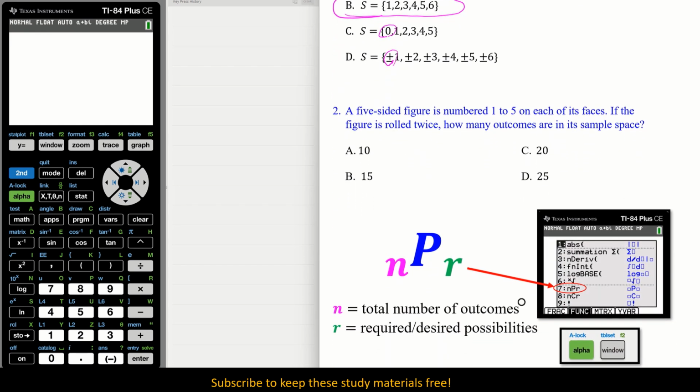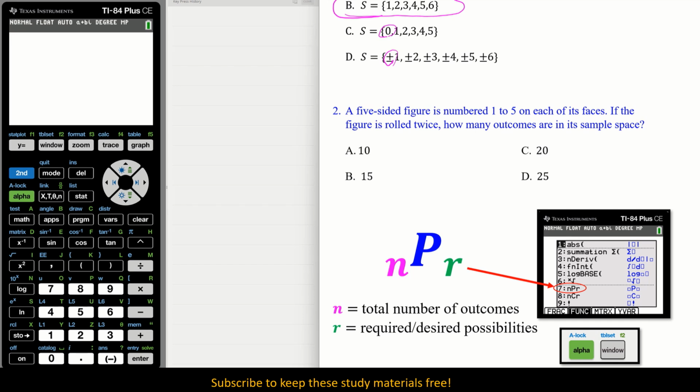Okay, so then let's look at number 2. Number 2 says a 5-sided figure is numbered 1 to 5. Now they're telling us how many faces it has, and that is 1 to 5. So we're not going to have 6 choices on each face. If the figure is rolled twice, how many outcomes are in the sample space?